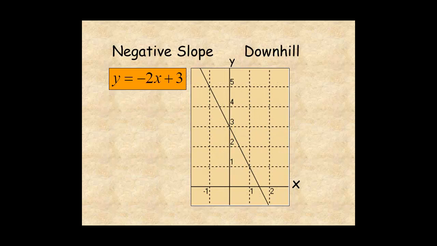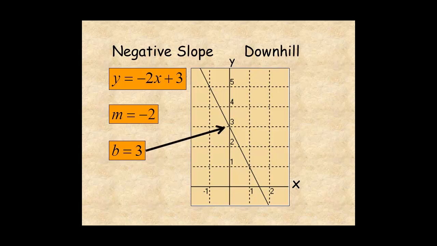For equations with negative slope, their graphs go downhill to the right. For this example, the slope is negative 2, and the y-intercept is 3. The line begins at 3 on the y-axis and goes down 2 and over 1 to the next point.